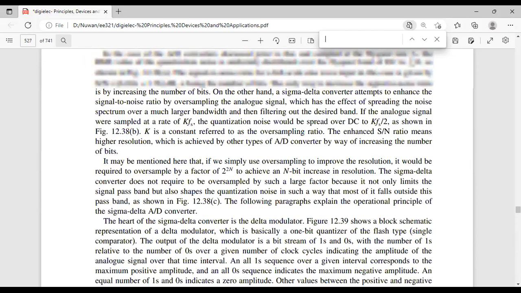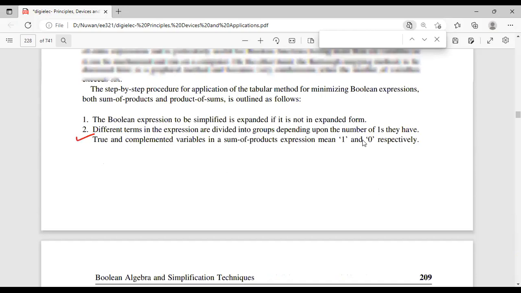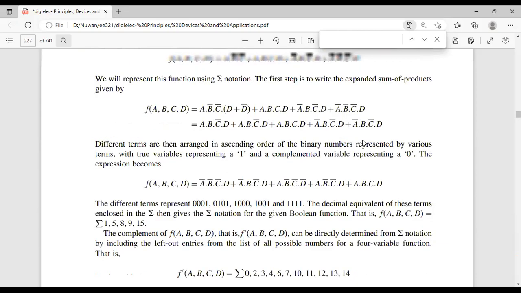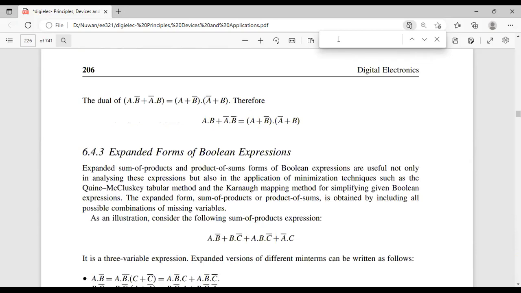I think when I was doing the tutorial, I showed this. If it is hard to find in the reference book, you can easily find it in Google.